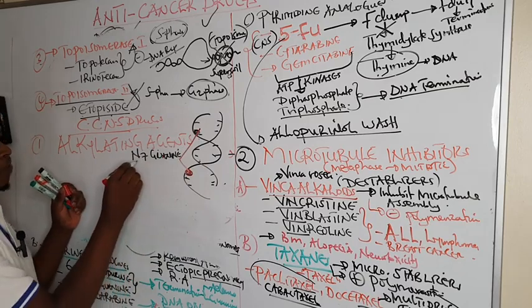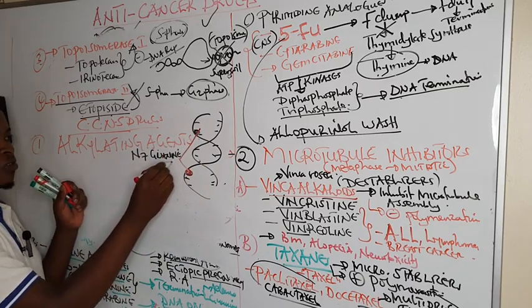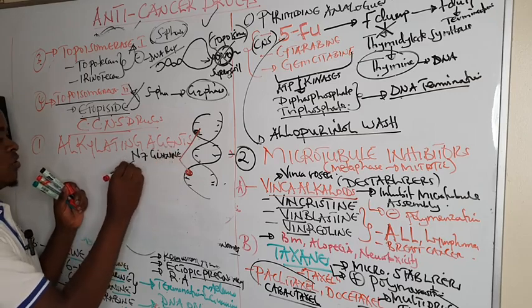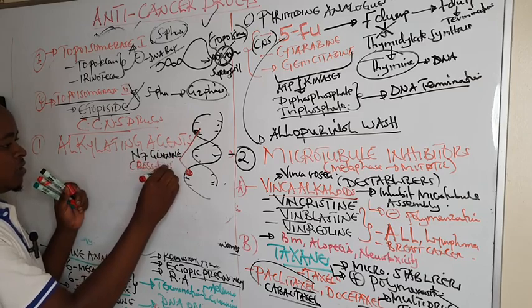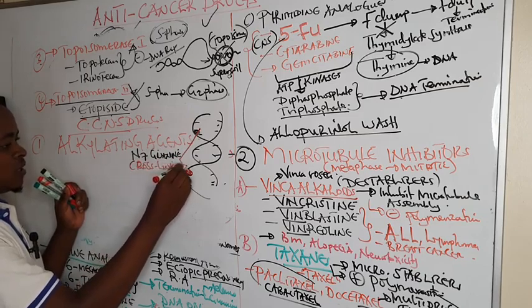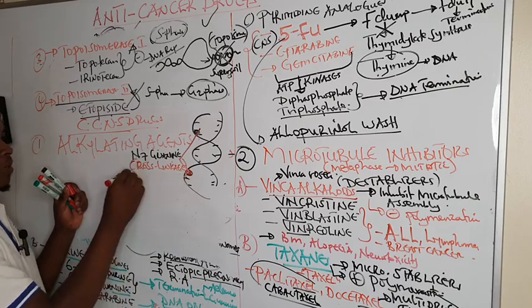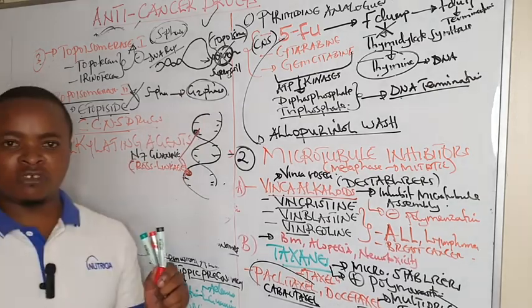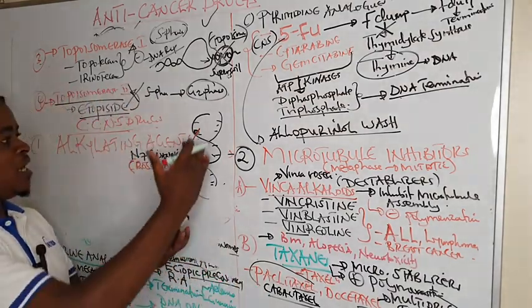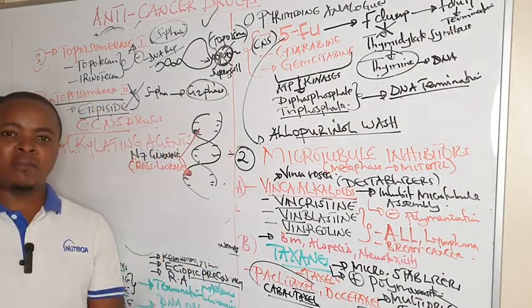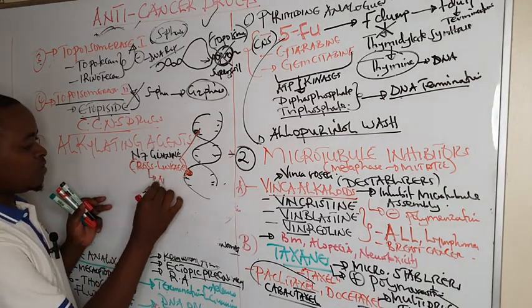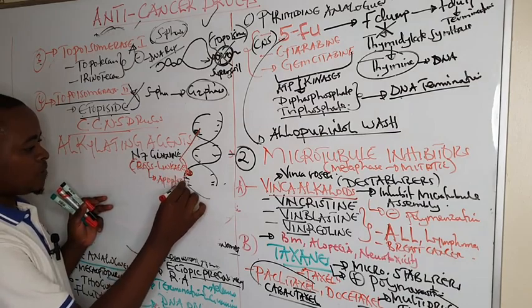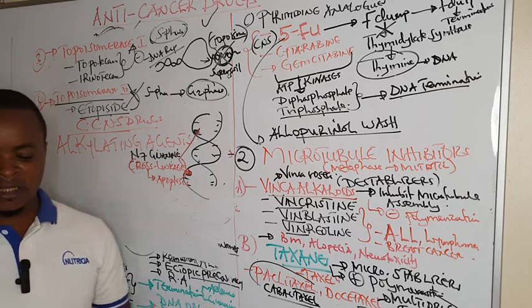So when they bind on the N7 position of the guanine in the DNA, they induce what we call cross-linkage. And when the DNA is cross-linked, we are not able to perform DNA replication during elongation. So this DNA is going to be damaged or removed by apoptosis. After cross-linking, it is removed by apoptosis. That is how these alkylating agents work.